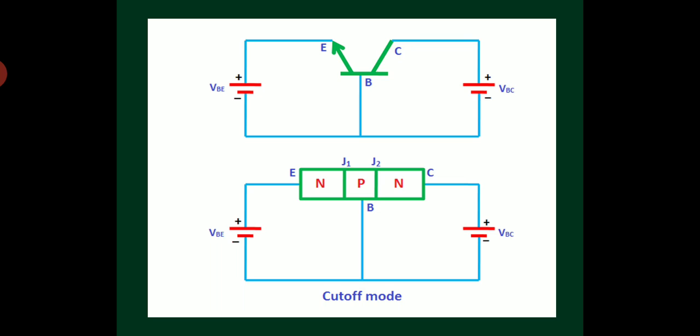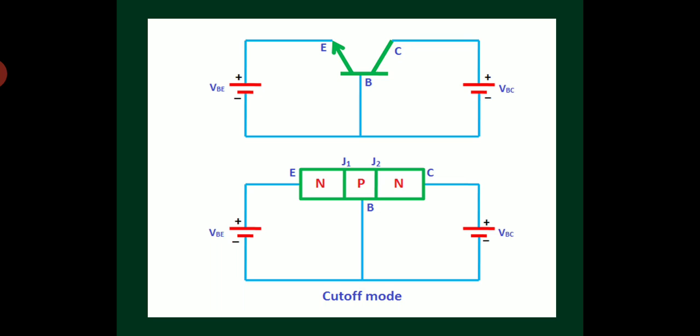Talking about cutoff mode, to make the transistor work in cutoff mode, both junctions, J1 and J2, must be reverse biased. Both junctions must be reverse biased to make the transistor work in cutoff mode.